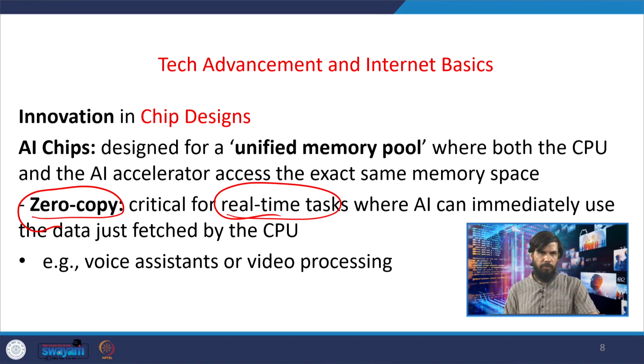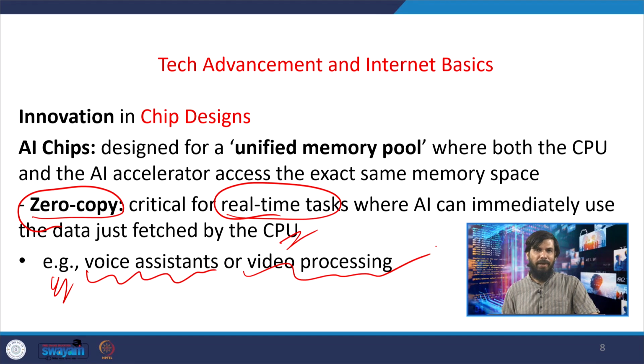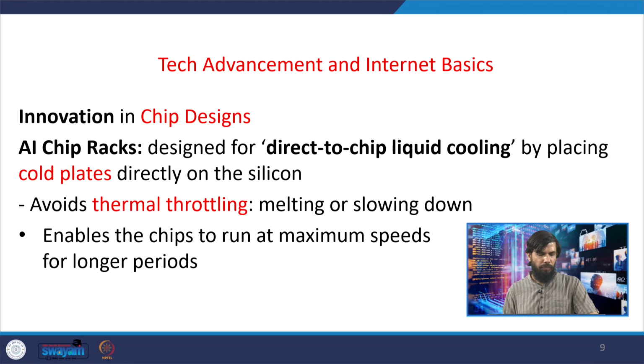So this design creates a zero copy environment, where for real time tasks AI can immediately use the data fetched by the CPU. Example applications are voice assistants or video processing applications.